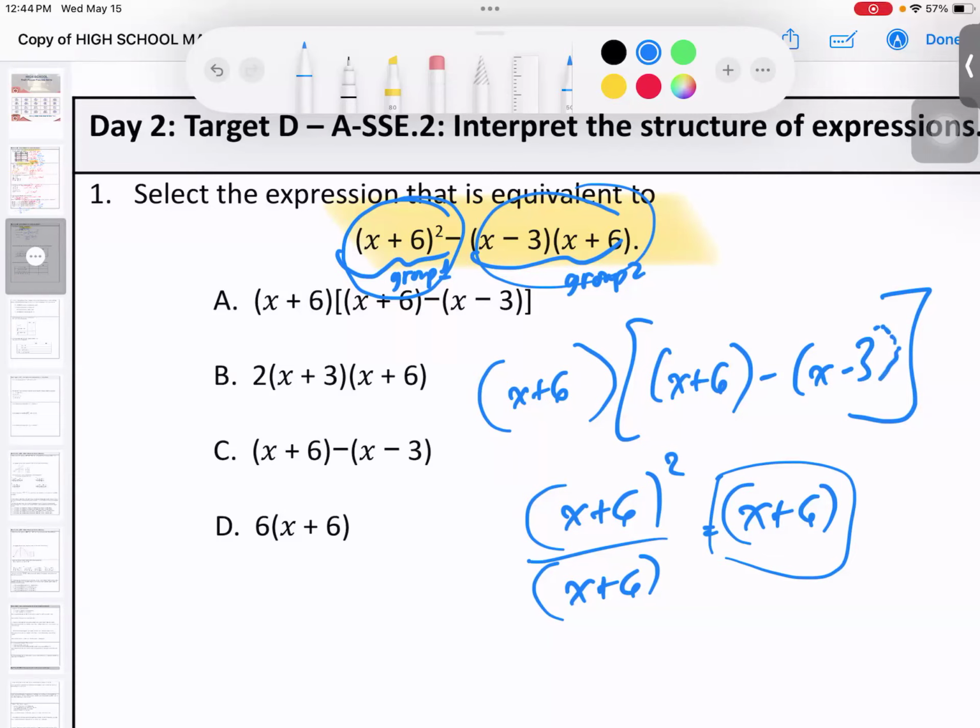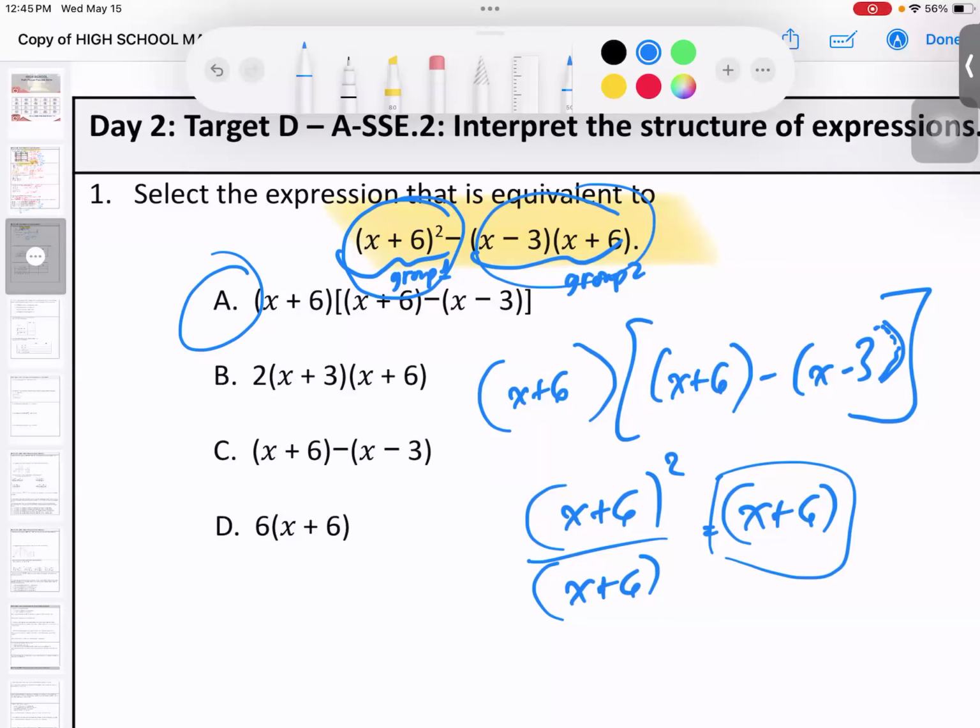Welcome back. Let's see the bucket. So what is the answer? A. Bracket.